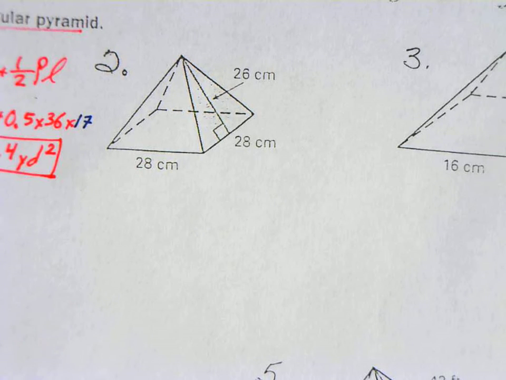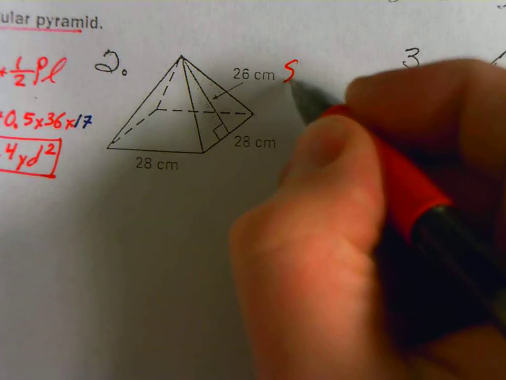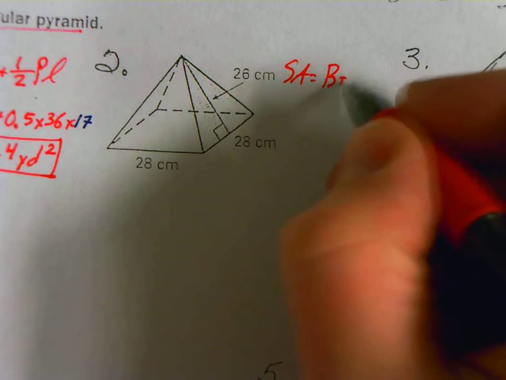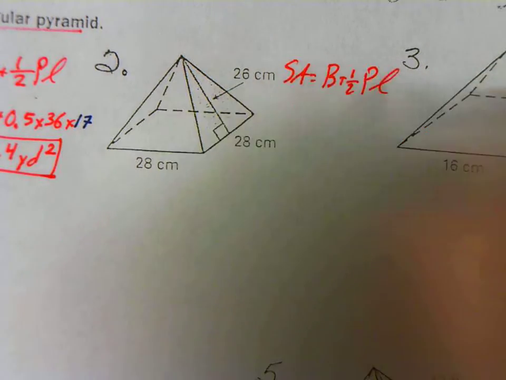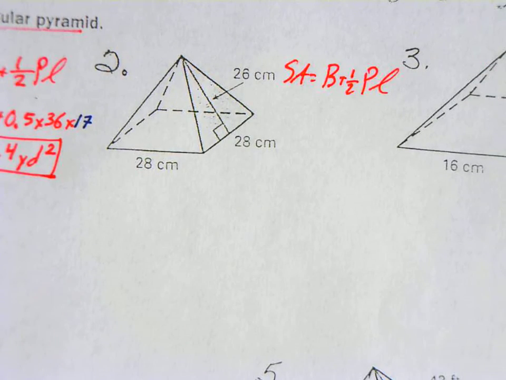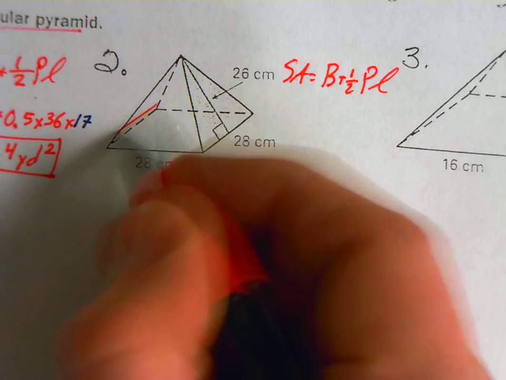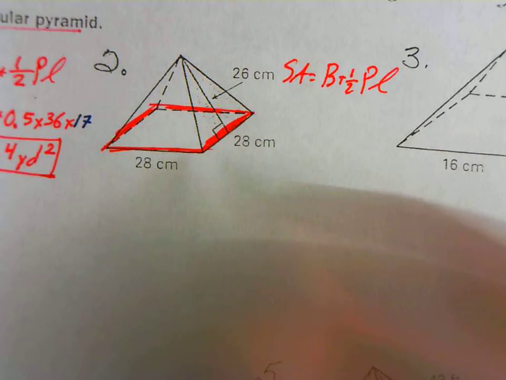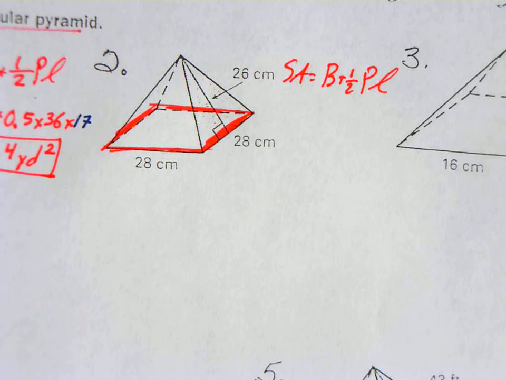Some point in time, you have to show me the surface area formula. Don't want to do it right away? You don't have to. But by putting it down, we draw all our attention to that capital letter B, which stands for the area of the base. You have a highlighter if you want to. You can use your pencil, you can use your pen, whatever, to outline, in this case, the shape of the base. For a pyramid, it's the bottom.